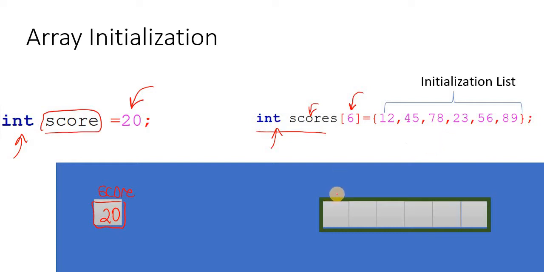So let me write the subscript of these elements. So it starts from 0, 1, 2, 3, 4, and 5.